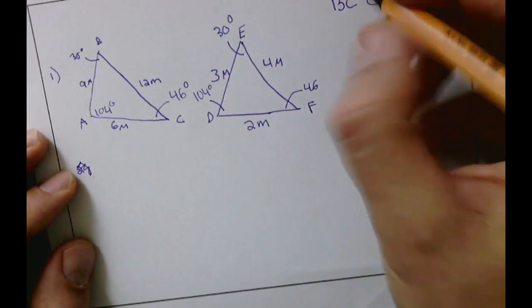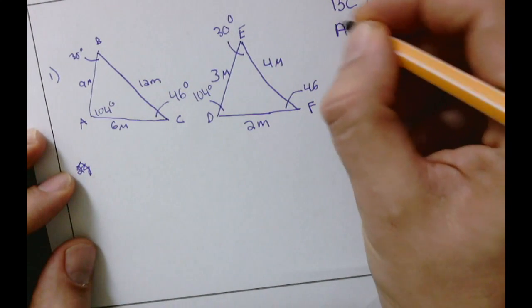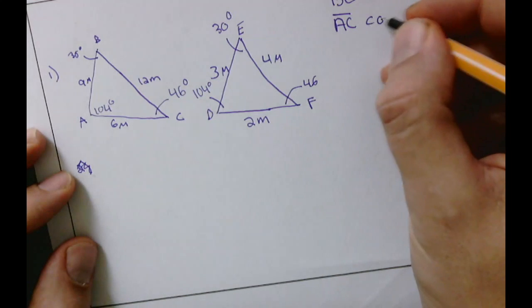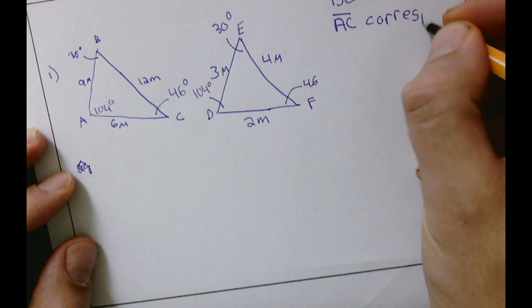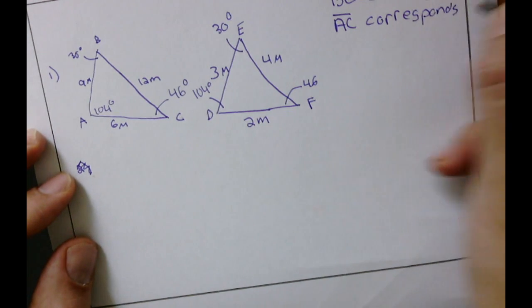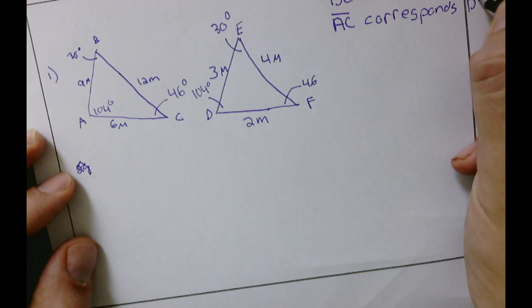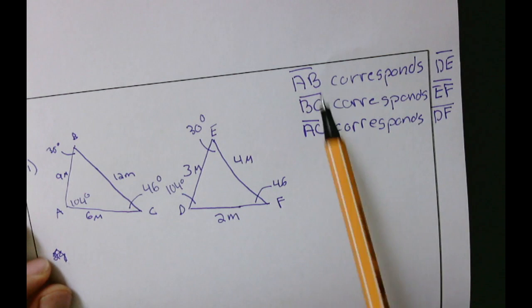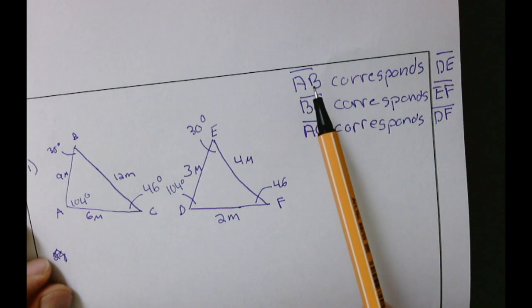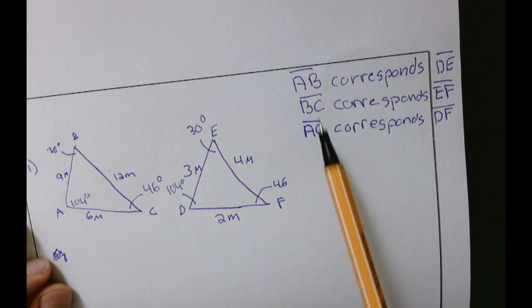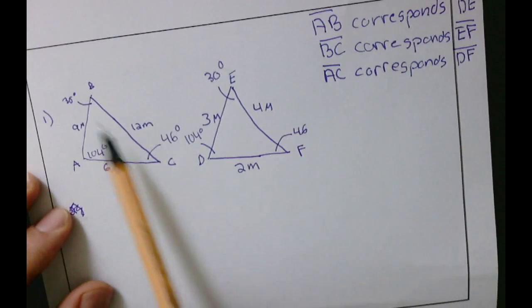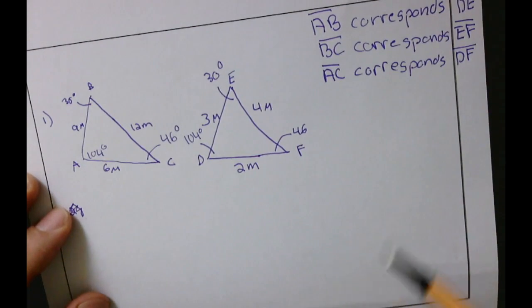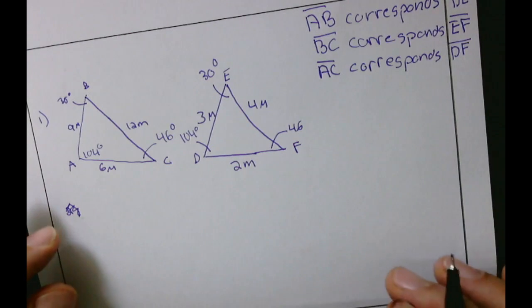Finally, we have AC corresponds to DF. Do you remember from what I said this line above the AB means? Well, it means line segment. So we have the first part of our procedure done.